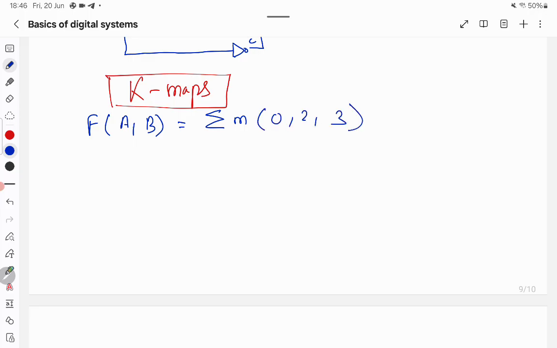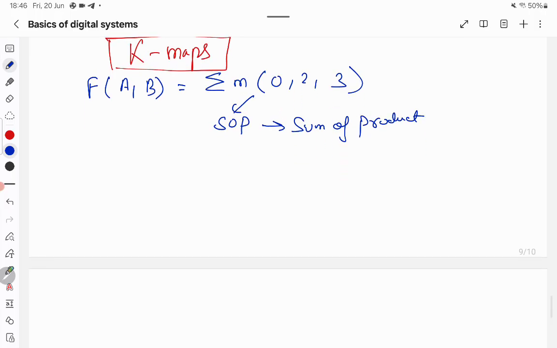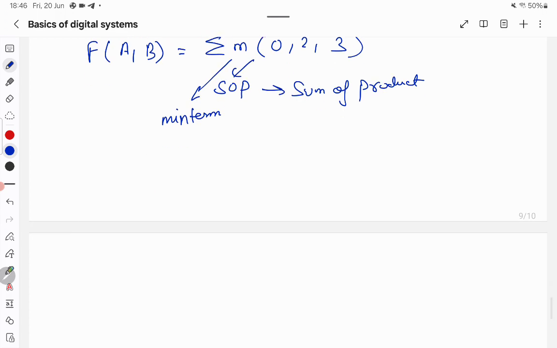This term is called SOP, which stands for sum of product. This small m stands for minterm, or this is the minimized form.